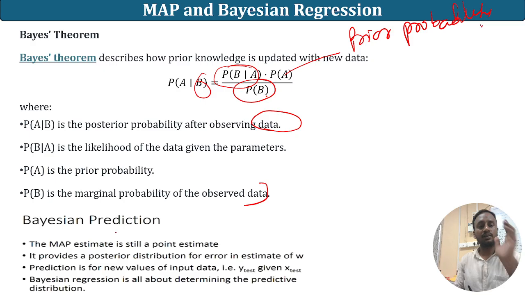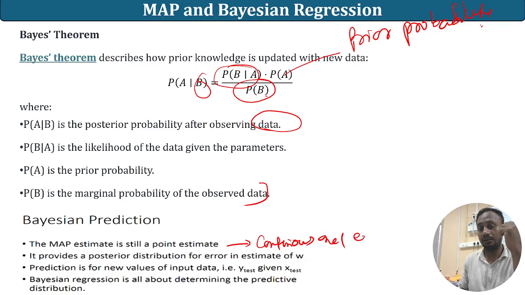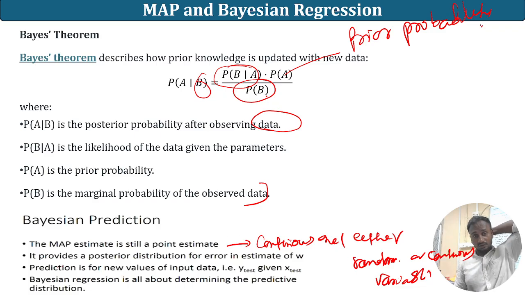The MAP estimate is still a point estimate, not a continuous one. Bayesian regression provides a posterior distribution for the error of the estimate in W, and a prediction for the new input data, Y test for the given X test. Bayesian regression is all about determining the predictive distribution.